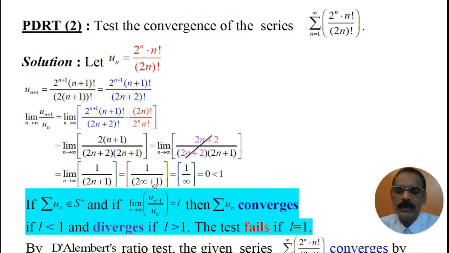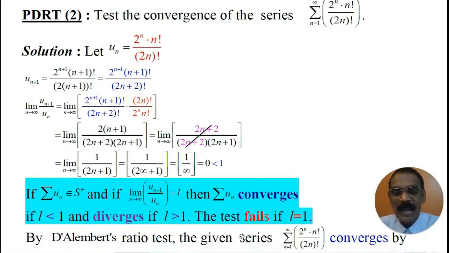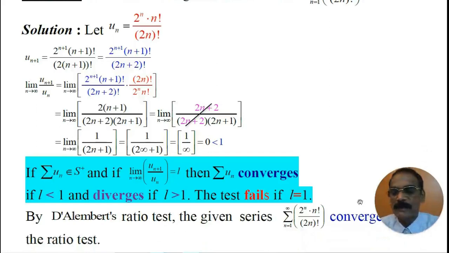What is 2 infinity plus 1? Infinity. Therefore, 1 by infinity. What is 1 by infinity? 0. 0 is less than 1. Therefore, by D'Alembert's ratio test, whenever the limit is less than 1, the series must converge. Therefore, by D'Alembert's ratio test, the given series converges.